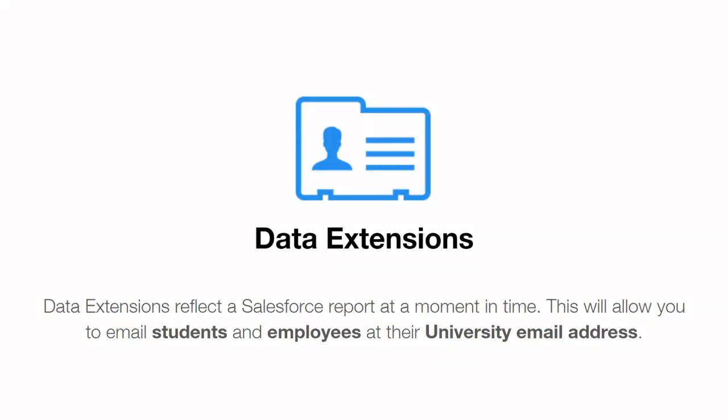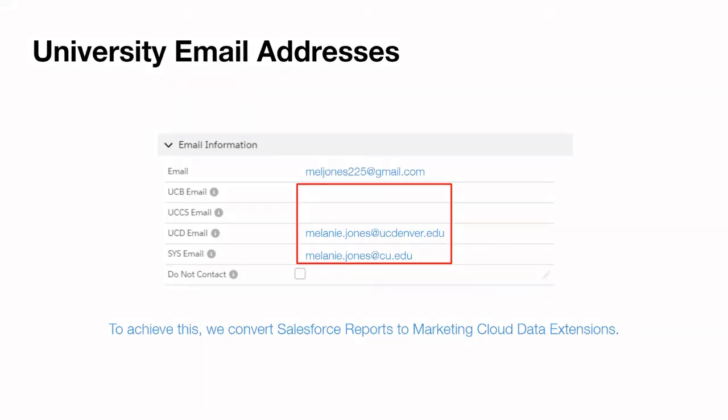We leverage data extensions when we specifically want to target student and employee populations at their university email address. Continuing with myself as an example, if somebody wanted to communicate with me as a student of the Denver campus, they would want to hit that UCD email field.